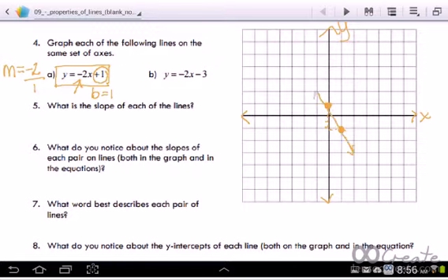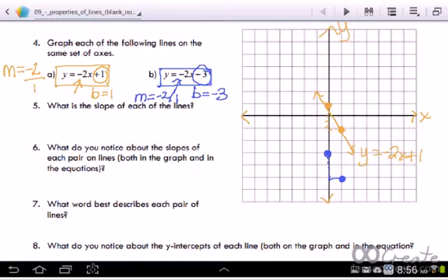Draw our line. Y equals -2x plus 1. Then we are going to graph the second line, y equals -2x minus 3. Again, we start with the b value of -3, just right there. We have the same m as the last one, -2 over 1, so we go down to rise of -2 over 1, run of 1.